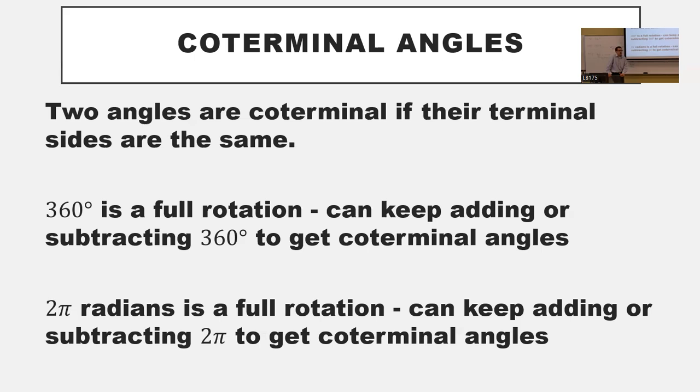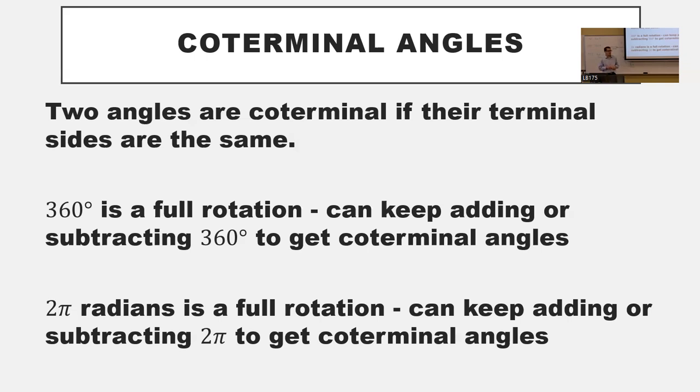Okay. Also, we could also subtract 360. So negative 270 degrees is coterminal with 90 degrees. I just took 90 minus 360 to give me negative 270. So negative 270, 90, 450, 810 degrees are all coterminal angles.